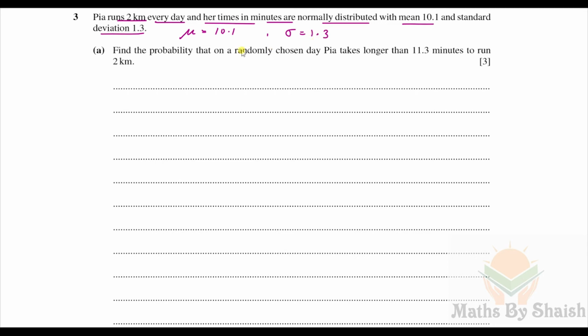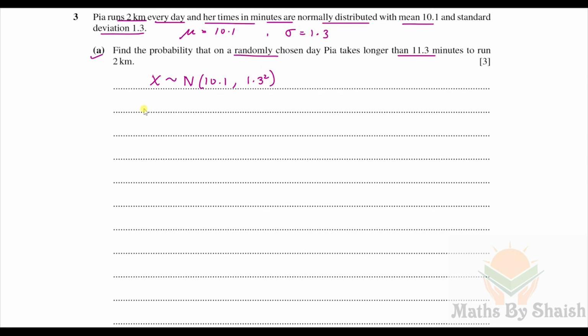Now the first part is to find the probability that on a randomly chosen day Pia takes longer than 11.3 minutes to run 2 km. So we can take x as the time taken by her, and if it is normally distributed, the parameters are 10.1 and 1.3 squared, because we require variance here, and the standard deviation is 1.3.